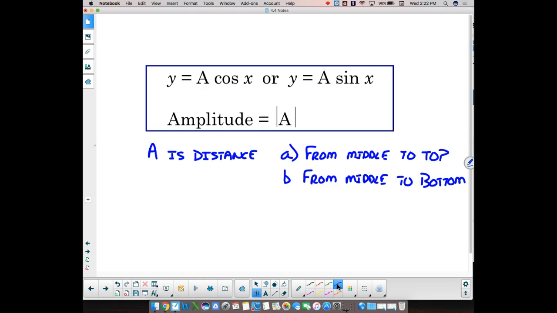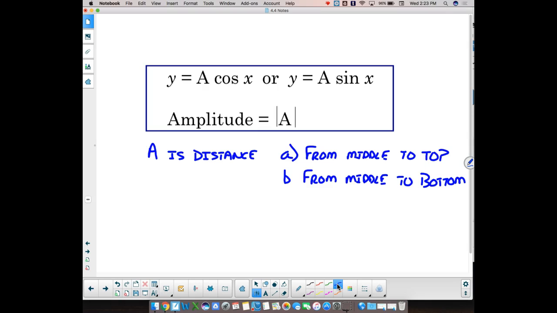It's the height of the wave. That's all that A does, is it's the distance. Okay? For right now. In a couple of minutes, A will do one more thing.